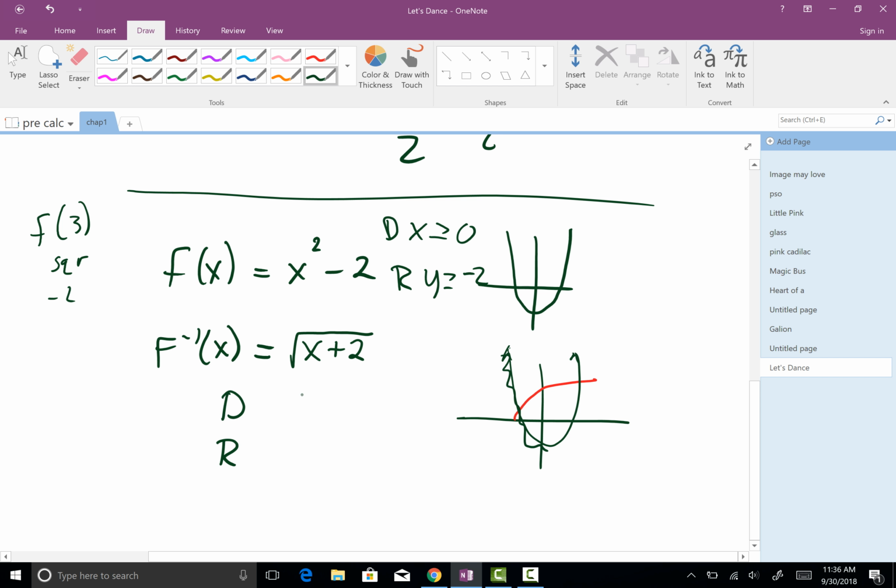So the range becomes this, greater than or equal to -2, and this is going to be y greater than or equal to 0. Oh, well, that's what we want, because that keeps this thing above the x-axis, which means it won't be a function, okay? That's what that range is. So that worked out okay for me, all right? So I just have to make sure that I keep this in mind. The domain and range are going to switch, and I'm going to keep this domain right to there, okay?